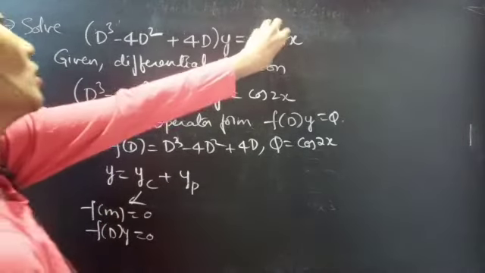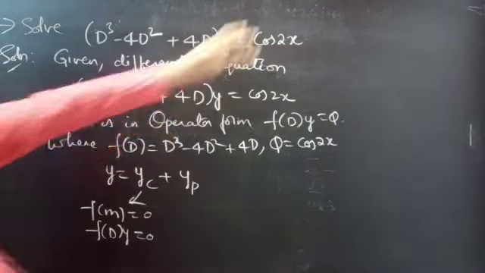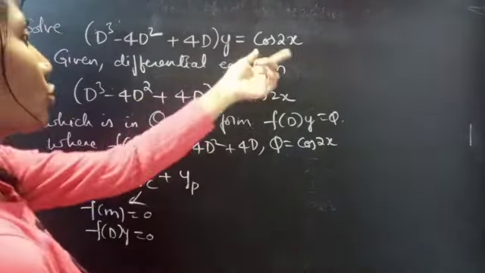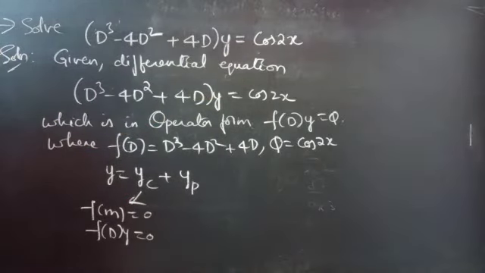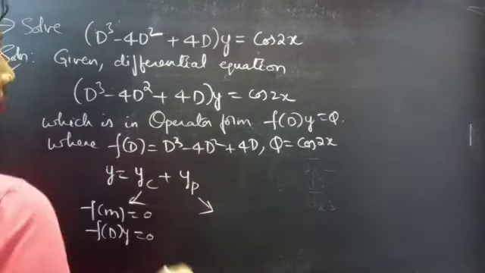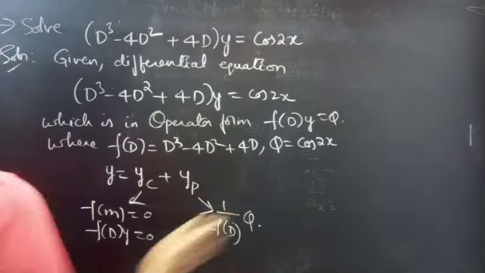Simply by equating RHS to 0, we'll get the homogeneous equation, f of D into y equals 0. And we'll find yp using 1 by f of D into Q.